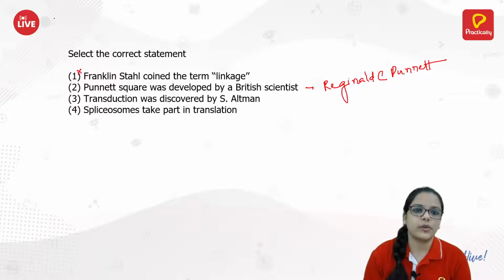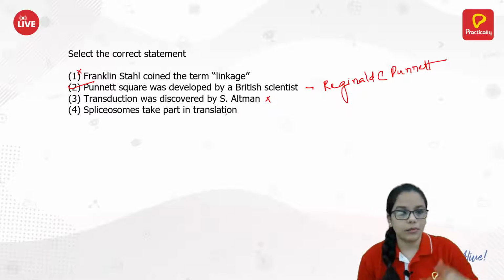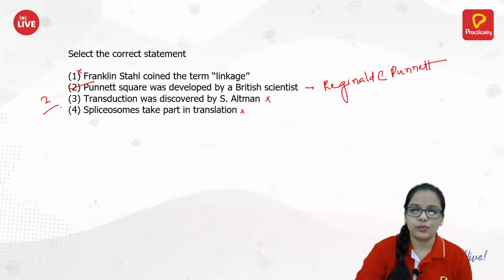Okay, so Punnett square was developed by a British scientist. Transduction was discovered by Altman. No. Spliceosome takes part in translation. No, that is post-transcription, not translation. That is also wrong. The answer is 2.